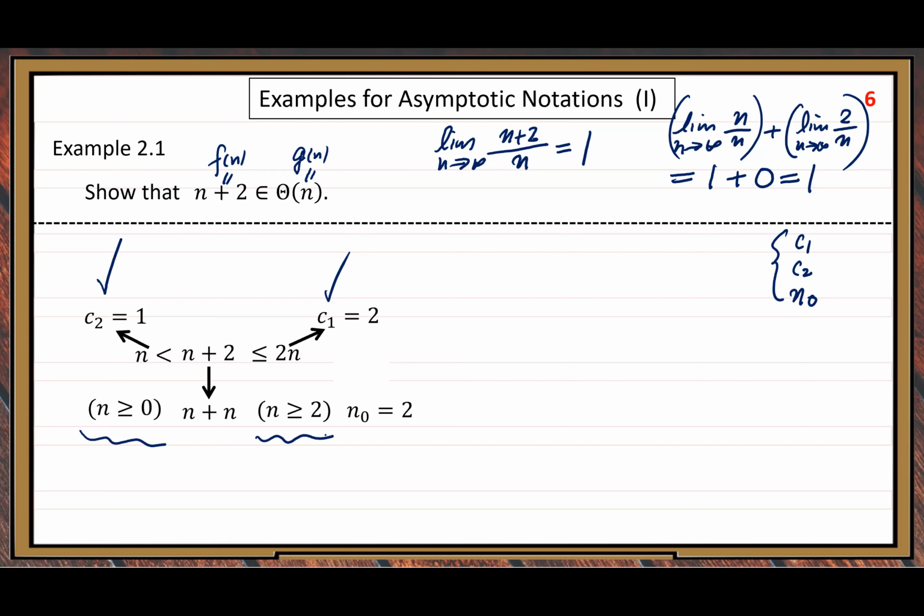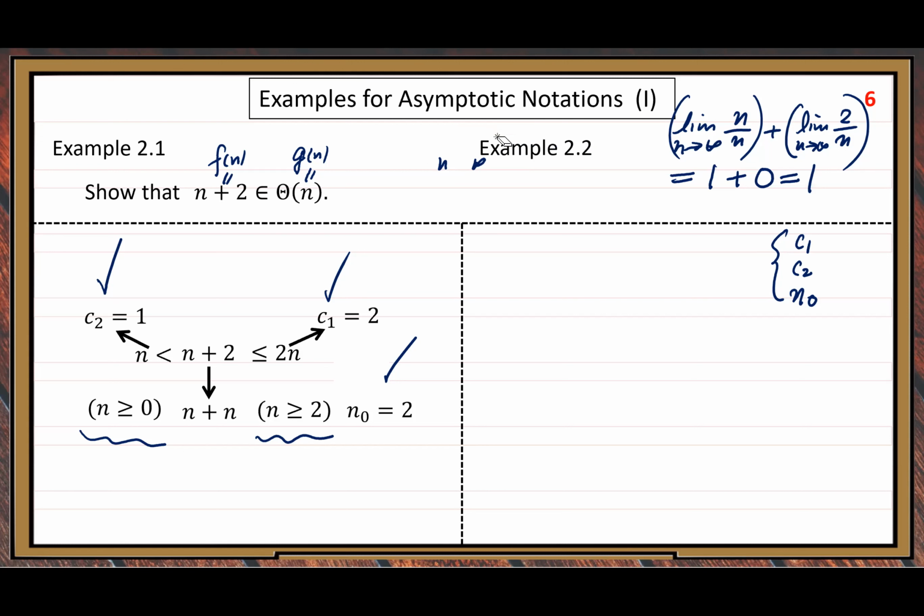Both true, so we found this n0. Okay, so after we find all these 3 constants, we can make our final conclusion.